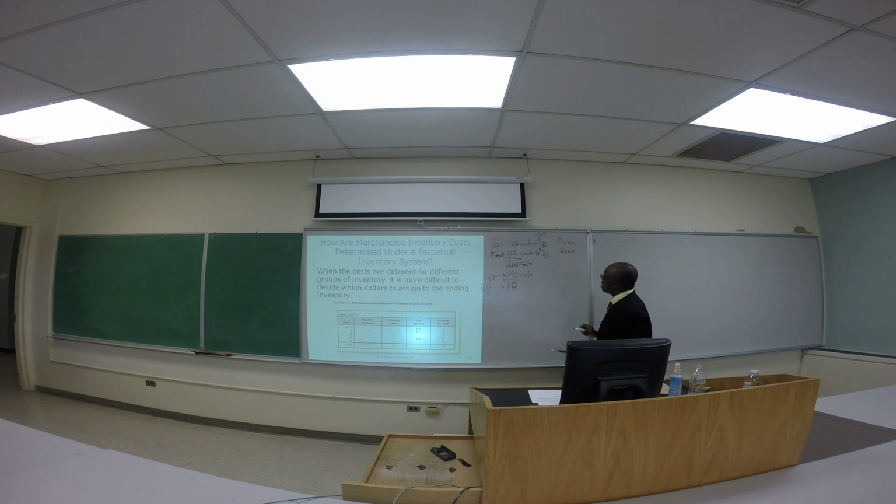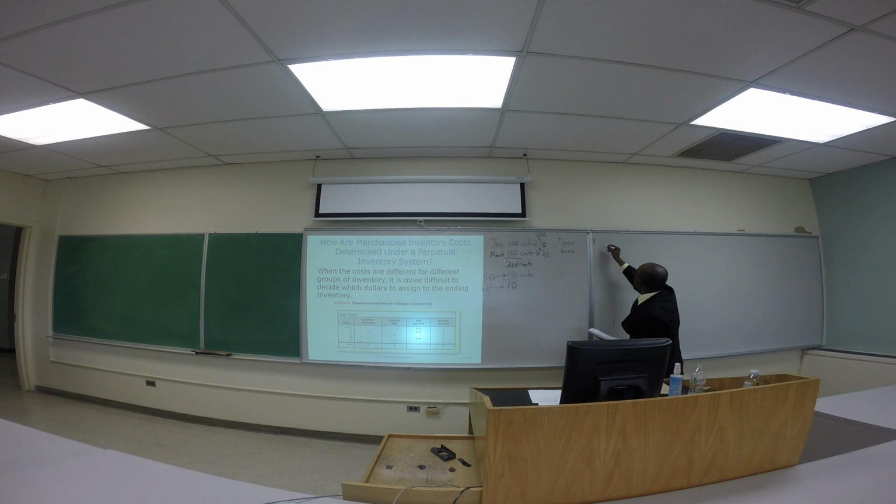So look at, if we assume that the January 100 units were sold first, and another 90 units were sold from this batch, therefore the 10 units left came from the March batch, or the batch of the units that were purchased in March.